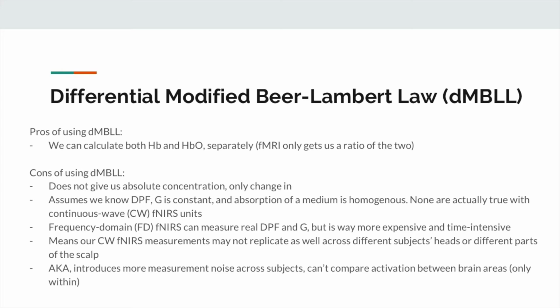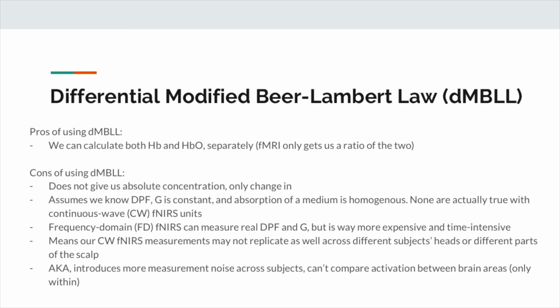So you have to make assumptions about what they are, and that tends to be not a valid assumption to make, which is not a killer to our measurement. It just introduces more measurement noise across subjects and makes it so that you can't compare activation between brain areas. Similar way that you can't really compare activation between areas in MRI for different reasons, but it's also just something you shouldn't be doing.